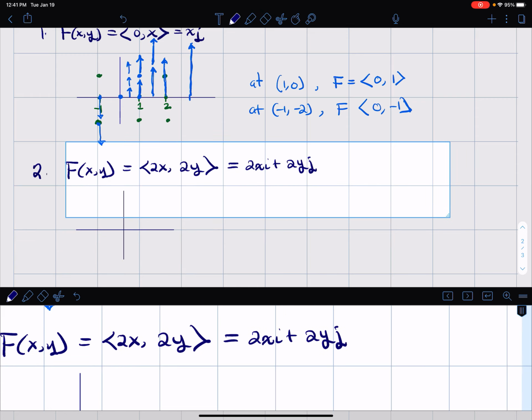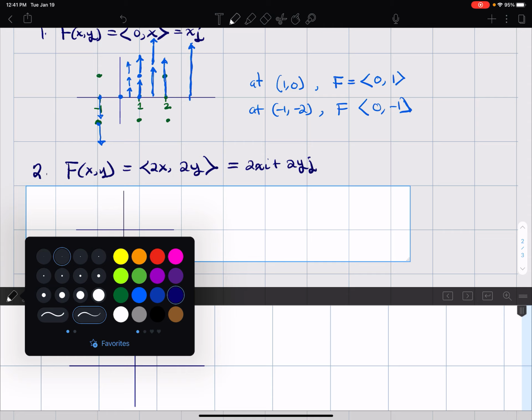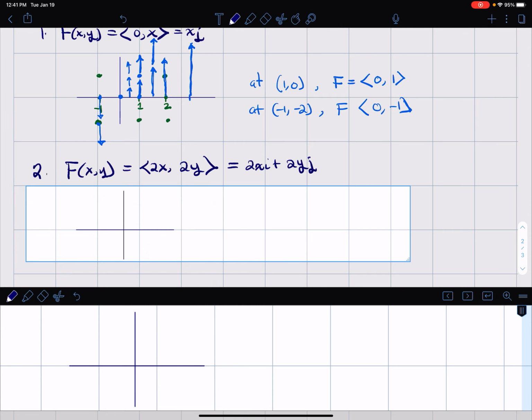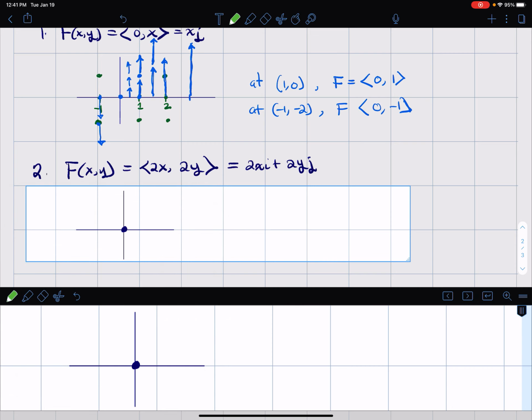When x is 0 and y is 0, then we just have 2 times 0, 2 times 0. Let's observe this a little bit. Let's see what happens when we pick 1, 1.